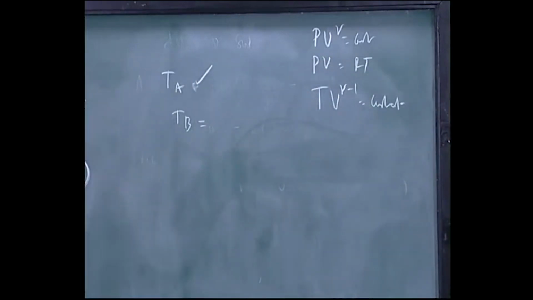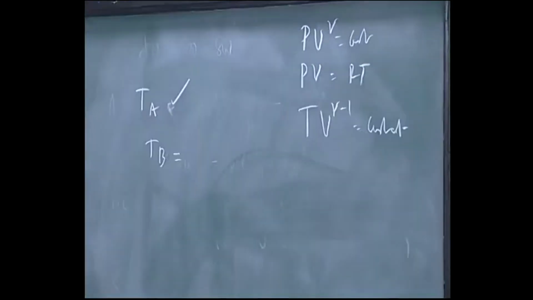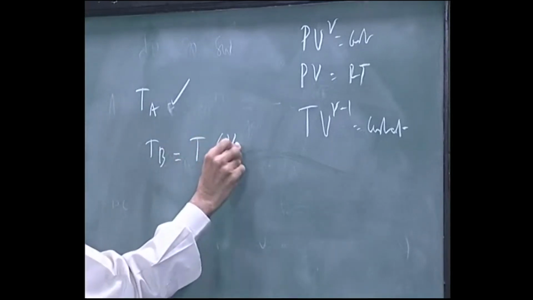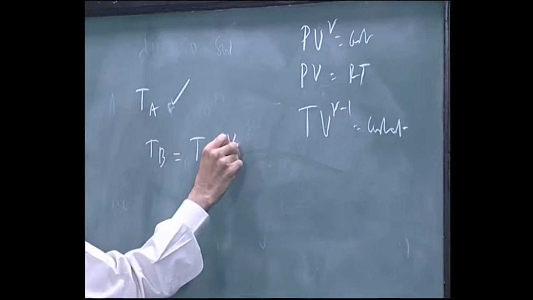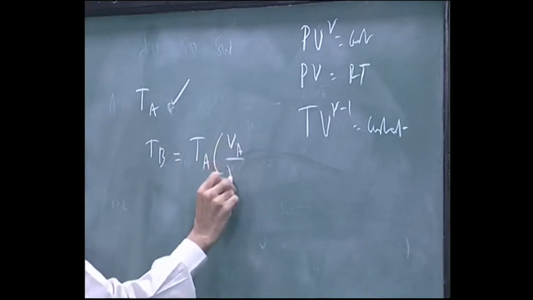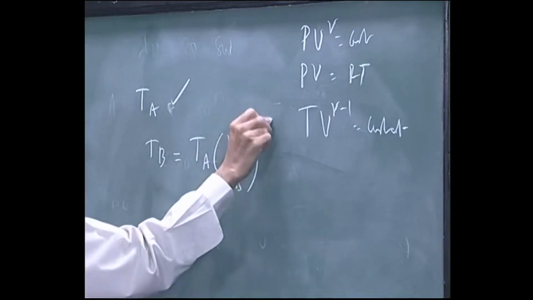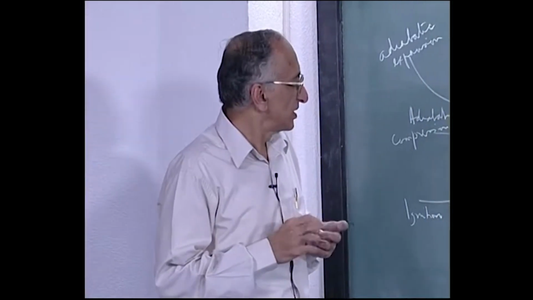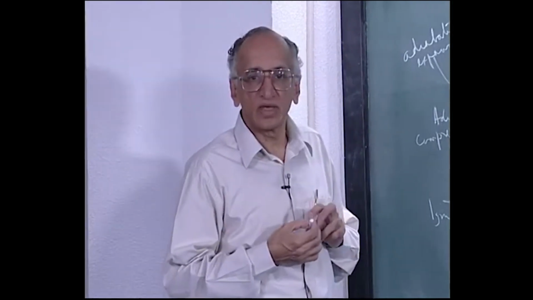So TB, if I am writing in terms of TA, TB is simply TA into VA by VB to the power gamma minus 1. VA, VB are geometric specifications. If I give you the cylinder dimensions, then I have given you all the data for VA and VB.